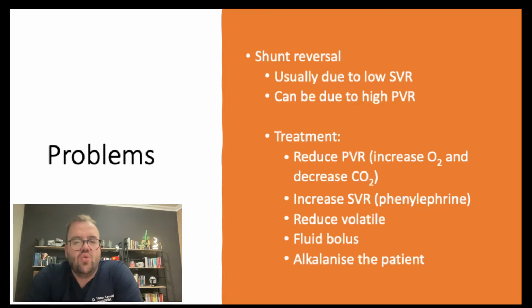Okay, so what is the treatment? Number one, reduce PVR by increasing oxygen and increasing the respiratory rate to blow off CO2. You need to increase the SVR, and that is done by giving the pure alpha-1 agonist, phenylephrine.